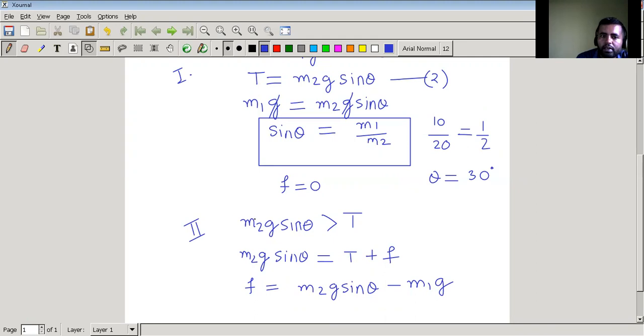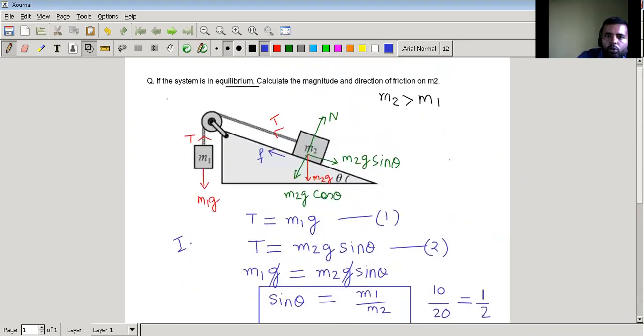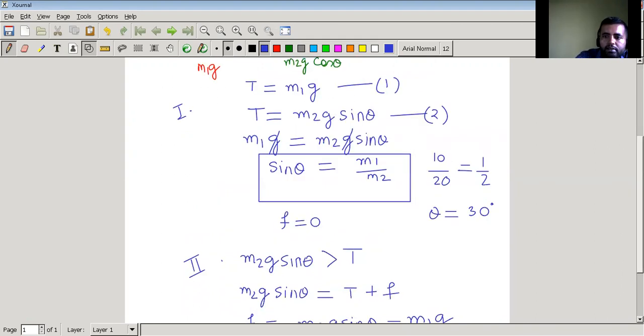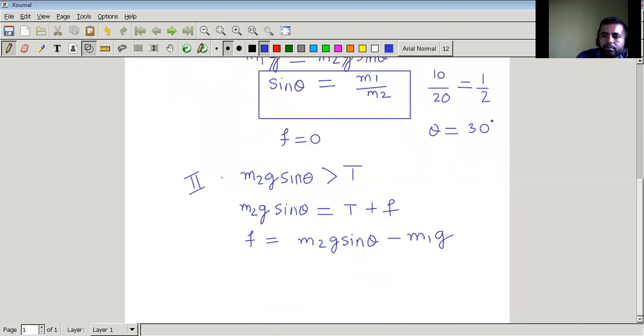Now suppose tension is more than M2G sine theta. So the third case arises, that tension is more than M2G sine theta.